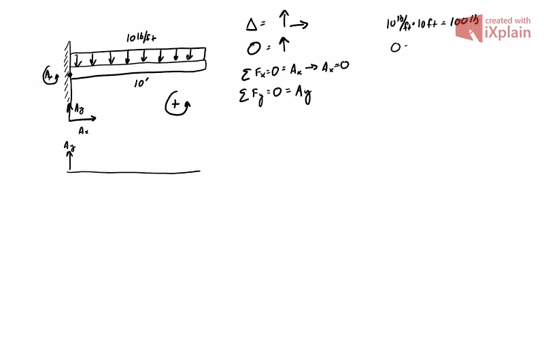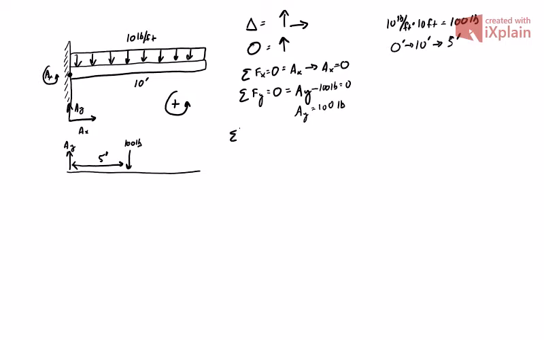And since it acts uniformly from 0 feet to 10 feet, the equivalent point load acts in the middle at 5 feet. So draw that, 100 pounds, 5 feet. Okay, so A sub Y minus 100 pounds is equal to 0. Therefore, A sub Y is equal to 100 pounds.